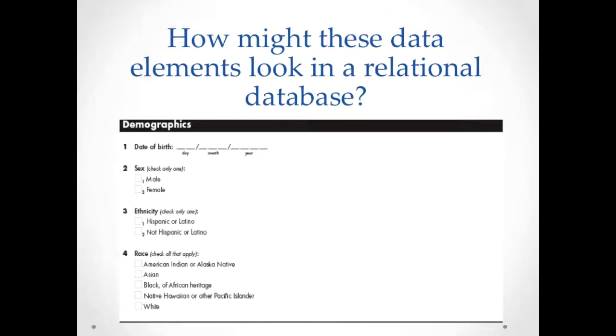Yes, exactly. Because otherwise, for me, it would say black, comma, white in the same data field. And because anybody might have any combination of these in their race, in order to use that data, you would have to write computer code to address each possible combination.